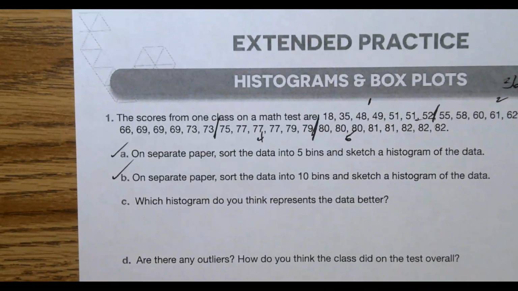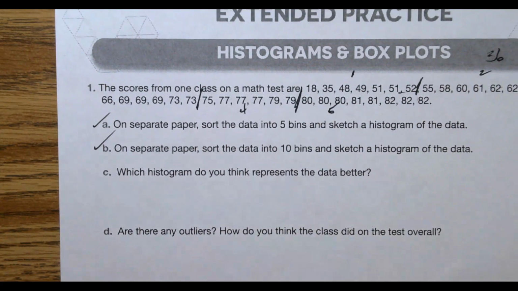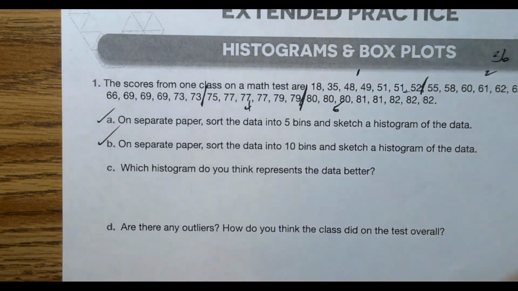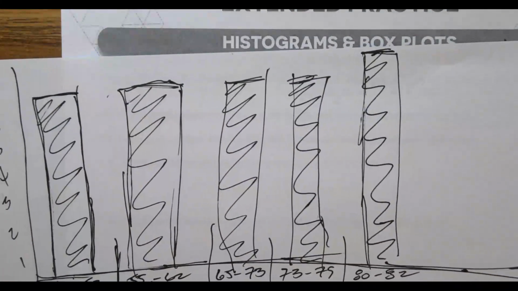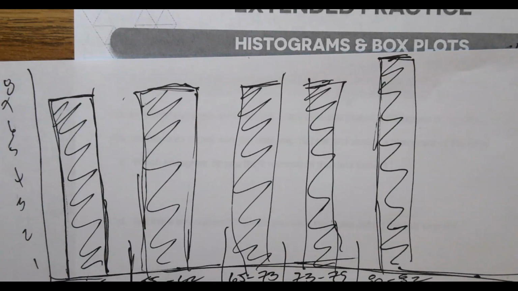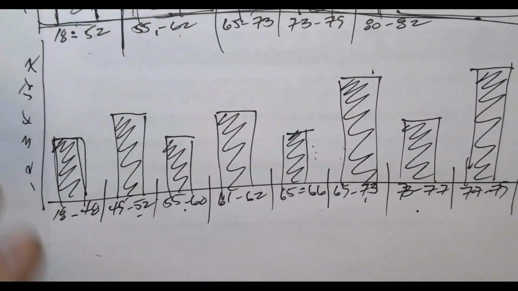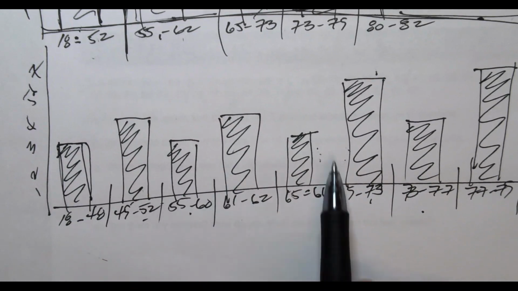It says, which histogram do you think represents the data better? Well, let's look at the data again. If we look at it, this doesn't really tell us anything. They're all about the same length, right? But if we look at the second one, at least we have some variation, right?